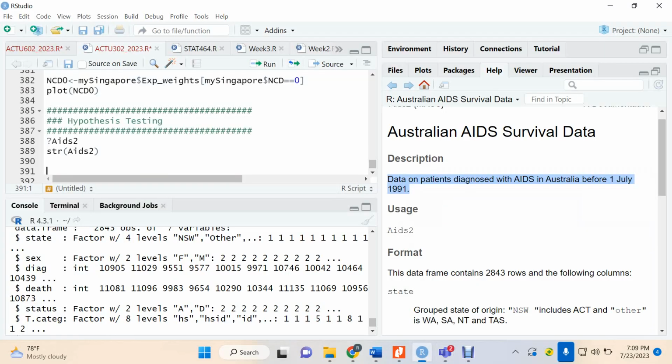We've chosen what we want to work on. Are you okay? Please, are you fine now? I have shared the R screen. Are you seeing it now? Yes, sir. Okay, so I can continue.